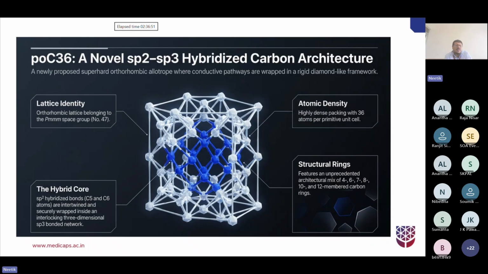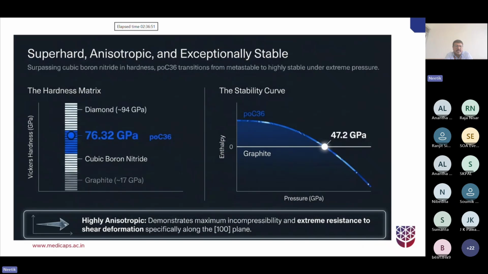In that context, we have designed an sp2-sp3 mixed hybridized carbon architecture, where the system becomes conducting through an sp2 channel. If we check their enthalpy versus pressure curve, they are stable up to 47.2 gigapascal, and their hardness is very high. This hardness check ensures that if we apply more pressure, they are not brittle and will not break down.